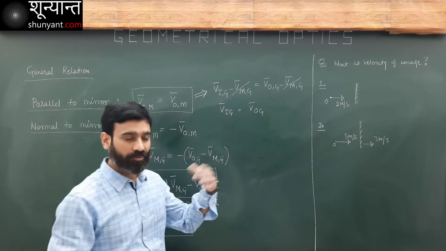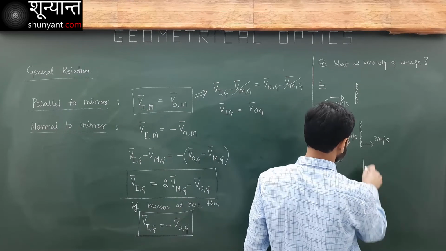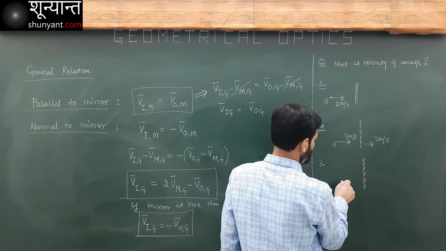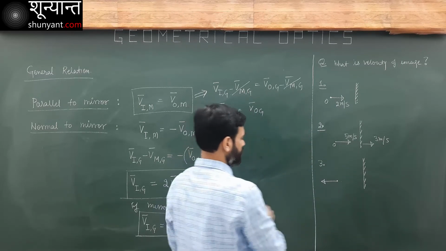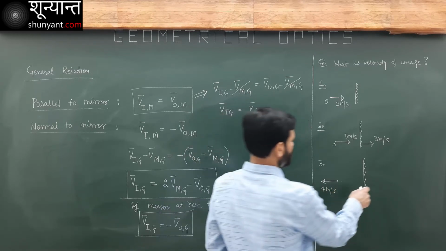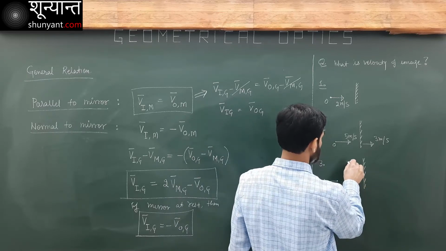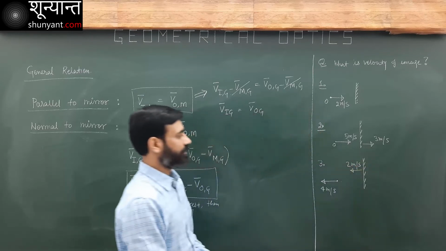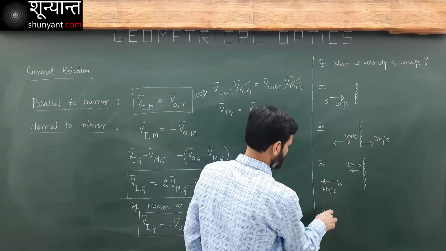It is moving perpendicular to the mirror. Third case: let's say this is in this direction here. It is 4 meters per second, and this is moving in this direction here. This is, let's say, 2 meters per second. Object and mirror.